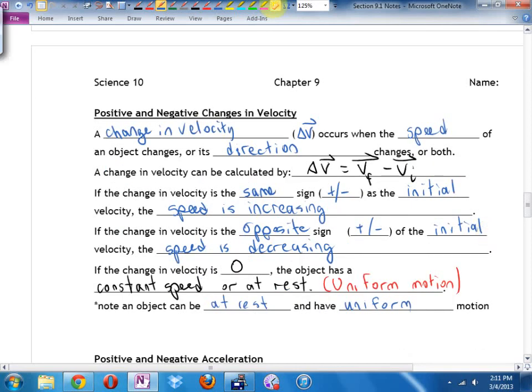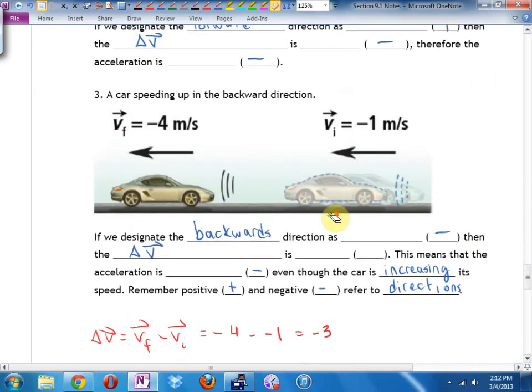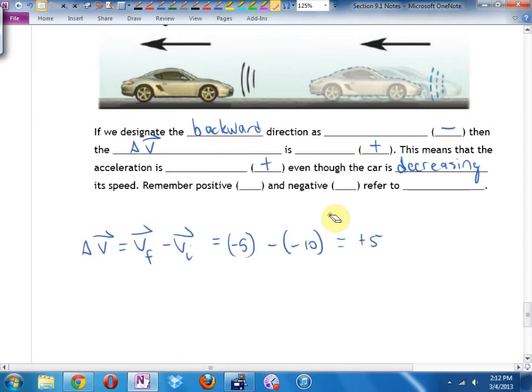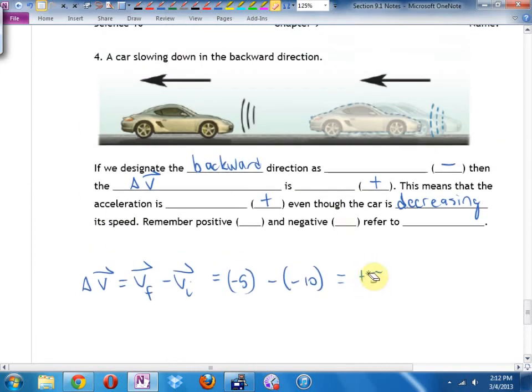We said this. If the change in velocity, that delta V, Nicole, has the same sign as your VI, speed is increasing. Here's our final example. Our delta V was positive, but what was the sign on our VI that we made up? Negative.